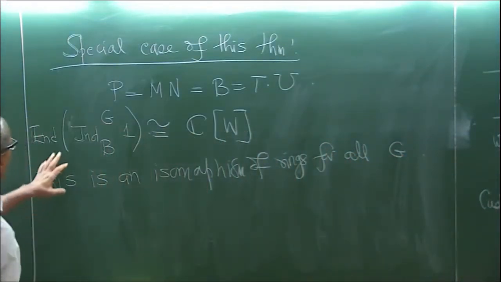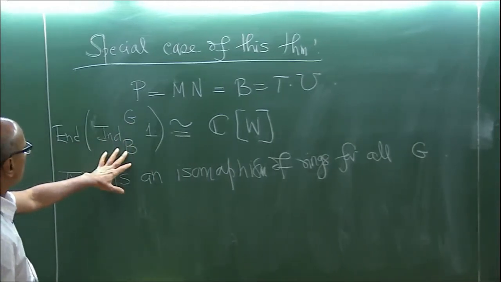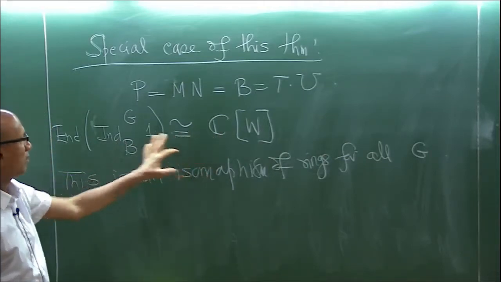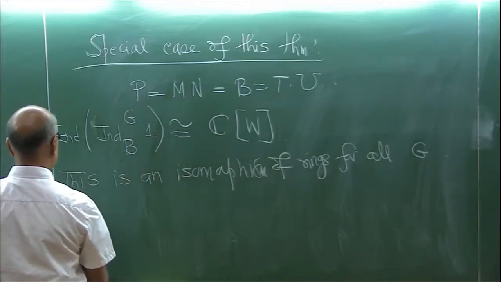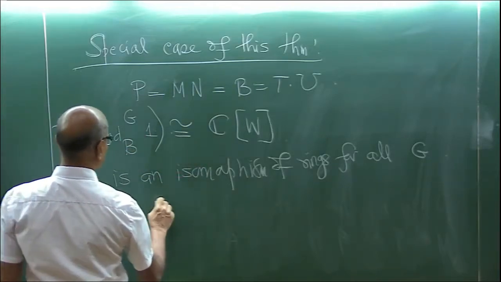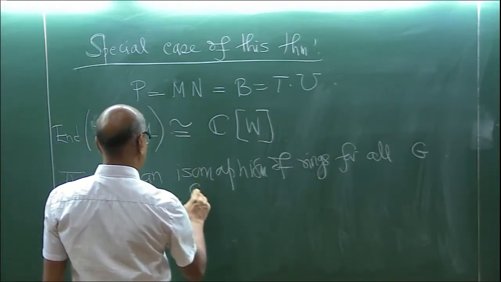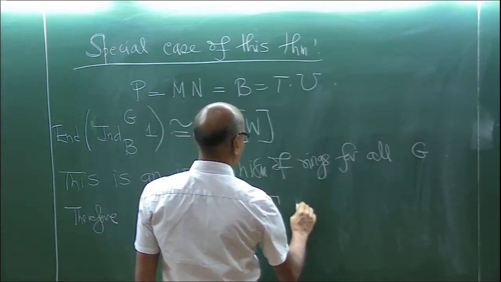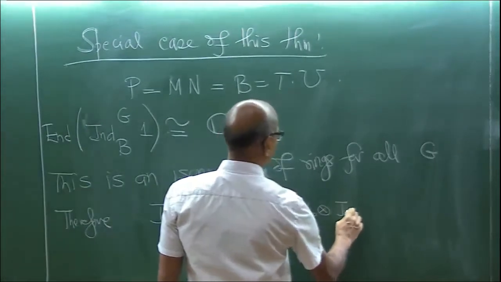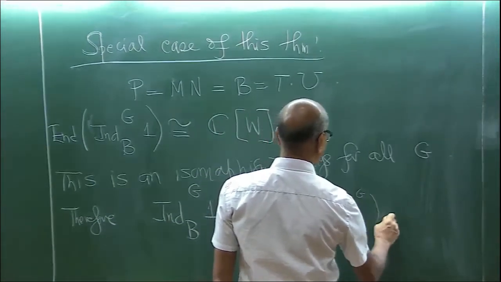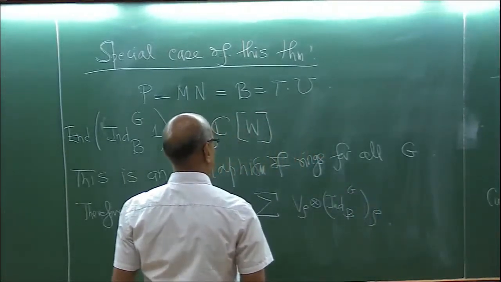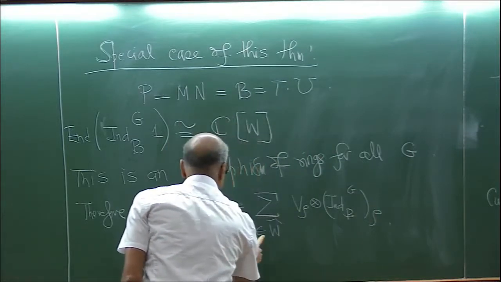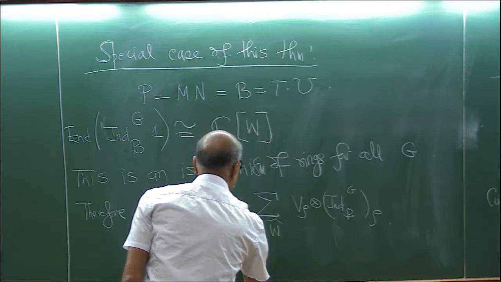And once you know the endomorphism ring of a certain module is isomorphic to this, which is of course the regular representation of the Weyl group, therefore it says that induction from B to G is given by the summation of V rho tensor a piece of the induction from B to G, where rho belongs to W check, and these are irreducible representations of the Weyl group.